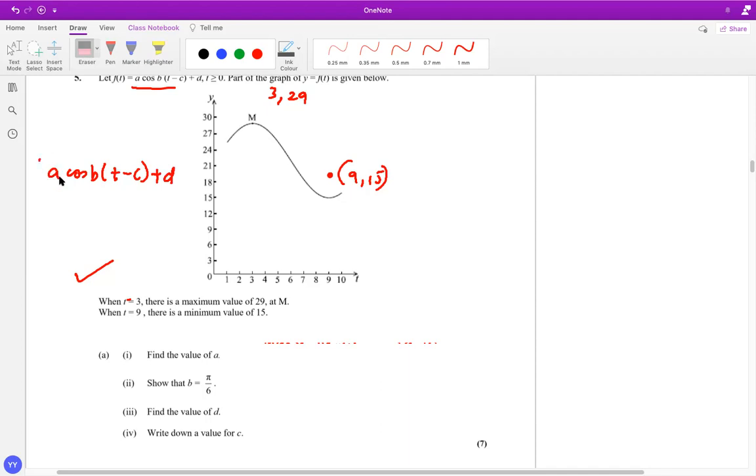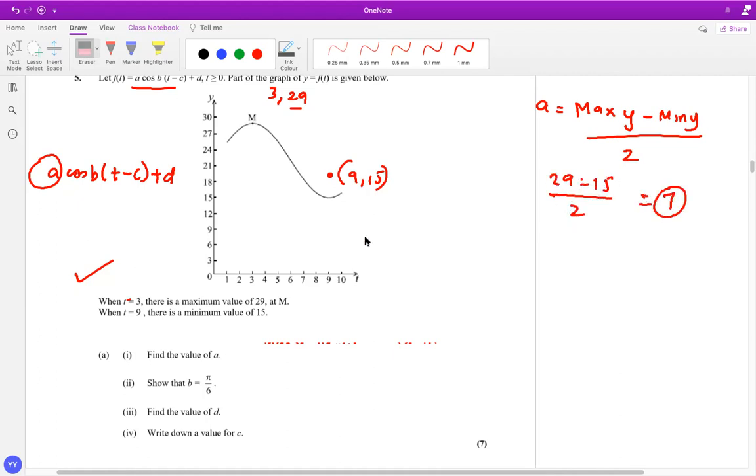Now let's find the values one by one. For a, as I spoke about earlier, the formula is (max y minus min y) over 2. Max y is 29, so 29 minus 15 over 2 is 7. Now the value of b is 2 pi by the new time period.